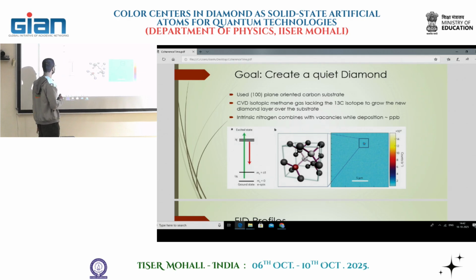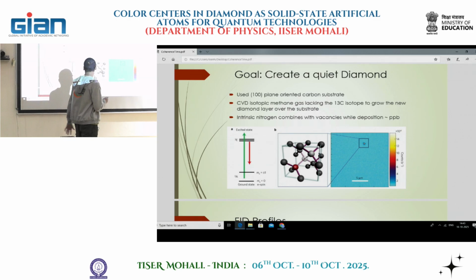They started with a carbon substrate which was aligned at the 100 Miller indices plane, and then they grew the diamond over it with the CVD technique using methane gas. They used an isotopic methane gas which chemically lacks the 13C isotope overall.